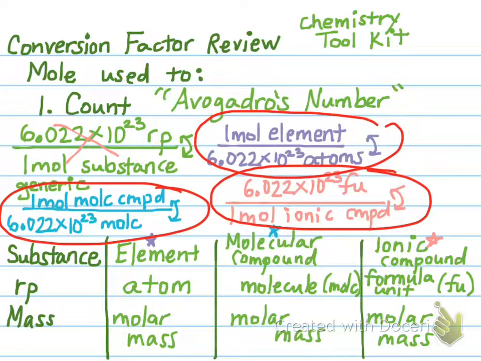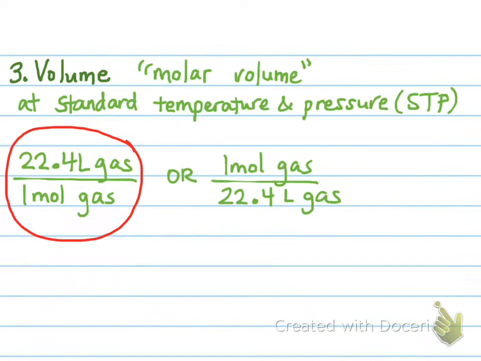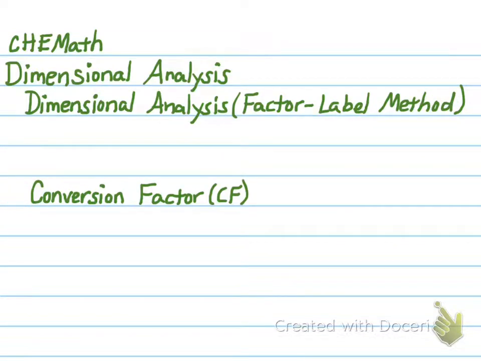Okay, so make sure that you have those tools on your chemistry toolkit because you're going to continue to use them throughout this unit and throughout Chapter 9 as we do stoichiometry and stoichiometric calculations.